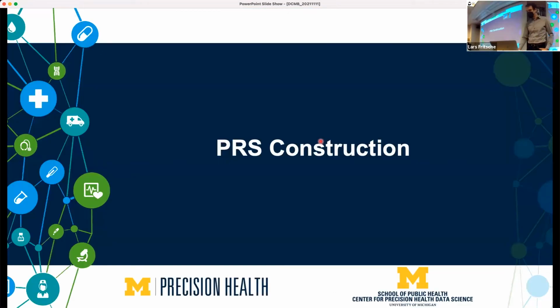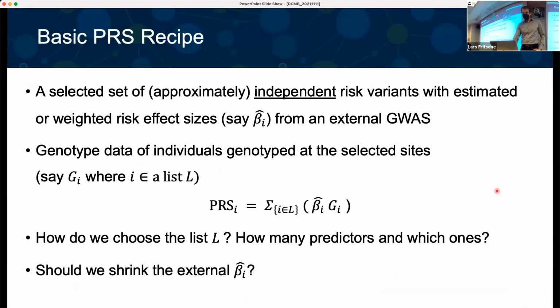Okay, so coming now to the PRS construction itself. There's a basic recipe for how we construct polygenic risk scores. Here I'm talking about polygenic risk scores because I mainly focus on case control studies. If you have quantitative traits, you would call them polygenic scores. The basic recipe is the same. You want to select independent variants that you think contribute to disease independently, maybe in different loci. Each one of them has a certain effect size, or weighted effect size, let's call it beta hat for a single SNP, and they're coming from an external GWAS.